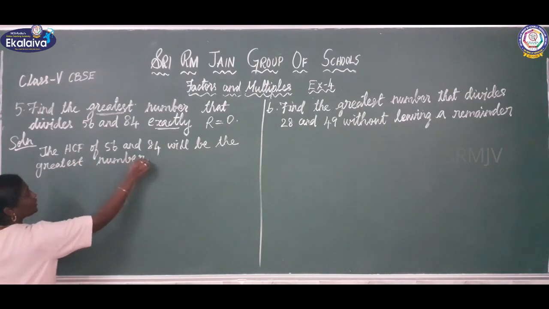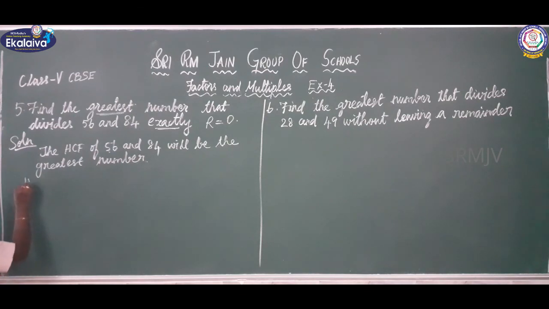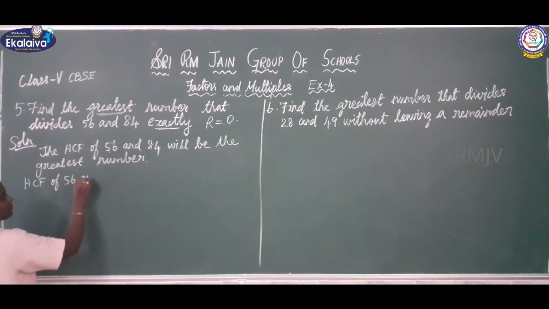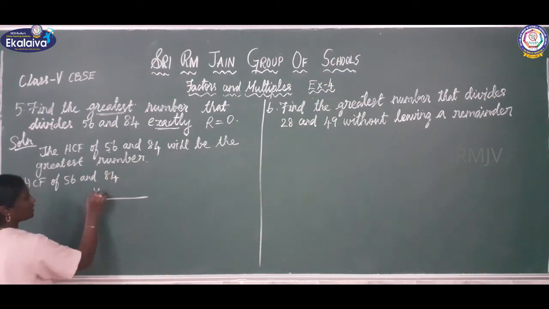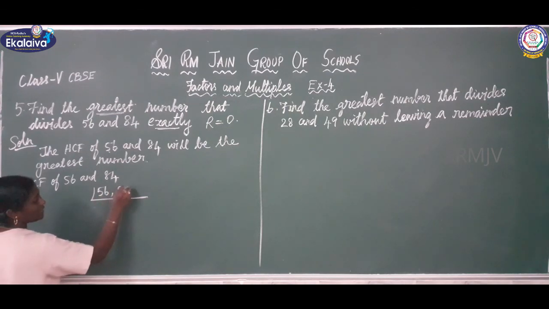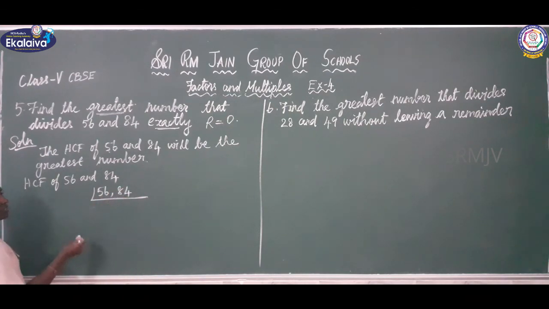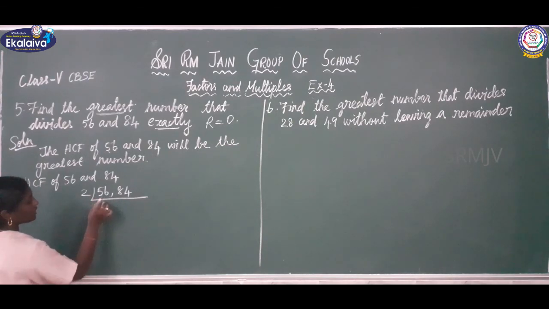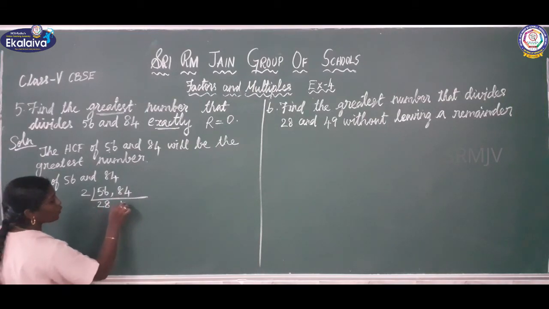Okay, so we are going to find HCF of 56 and 84. We have to use L division. 56 and 84. Here both the numbers are even numbers, so the numbers are divisible by 2. Here in 5, 2 times 2, remainder 1. In 16, 8 times. Here in 8, 4 times 2.